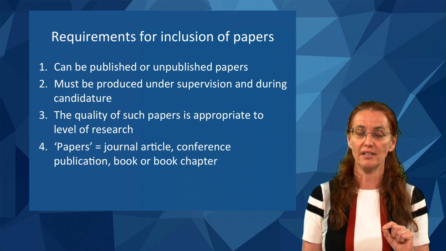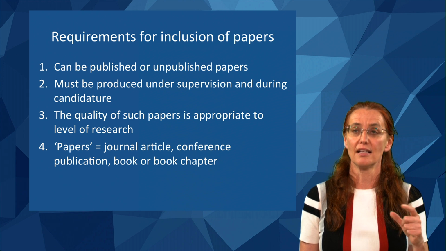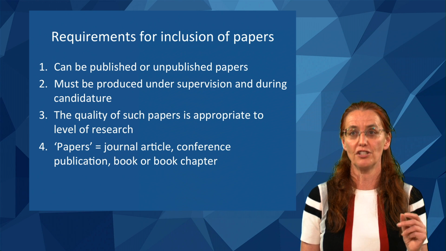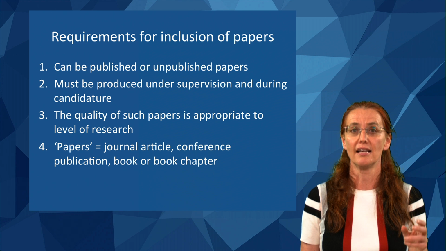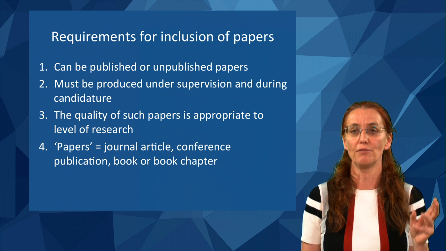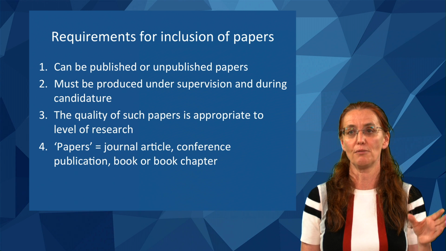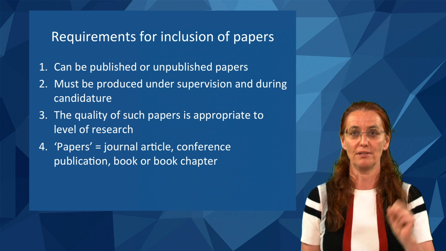Now, in my discipline area, environmental science, which includes chemistry, marine biology, terrestrial ecology, a whole lot of discipline areas like that, it's mainly international refereed journal papers, but in others, it can be other different components of what we talk about by papers.